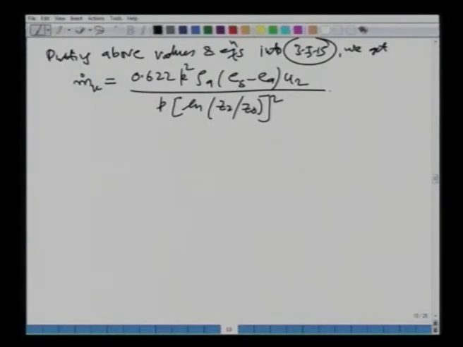This is 3.5.16. So, this is your final expression for the Thornthwaite equation.